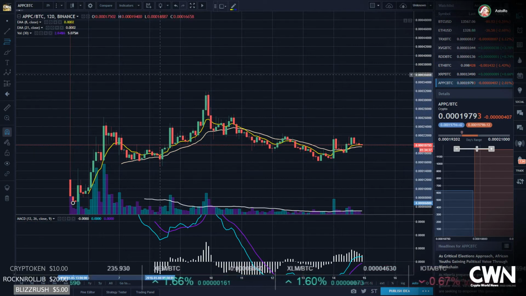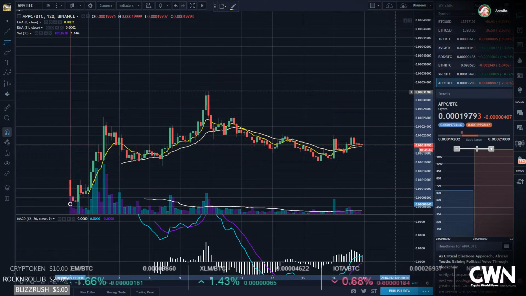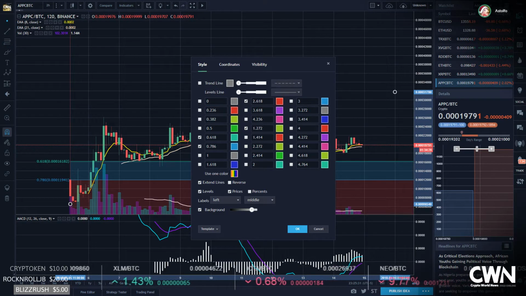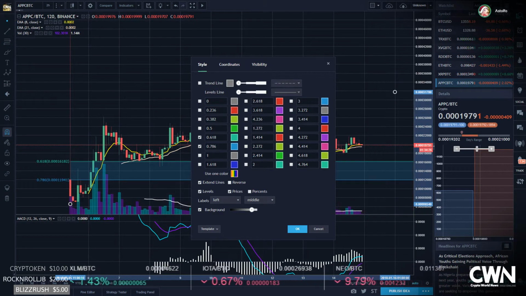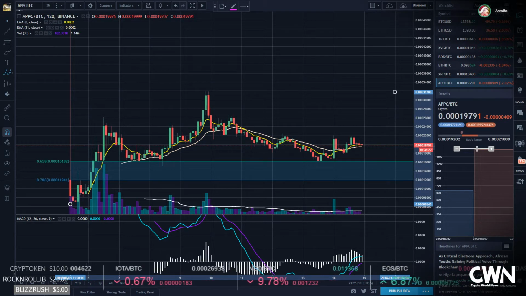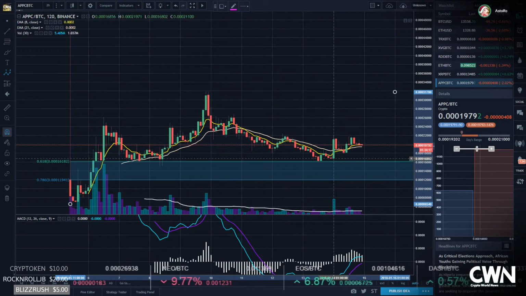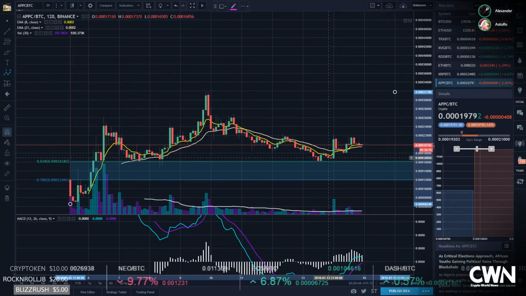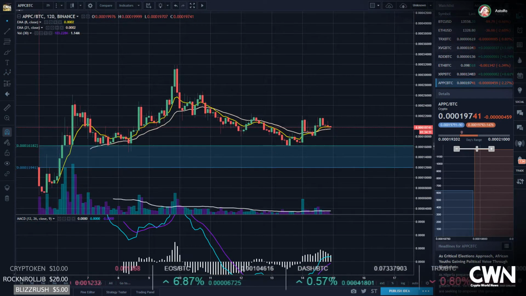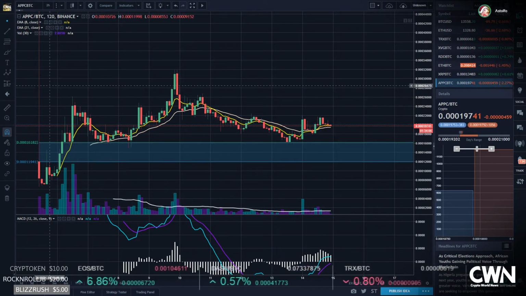We're looking at APPC now. Let's draw the larger fib. The selective use of the fibs too. I really like the 618 and 786. That's just kind of my go-to fib.